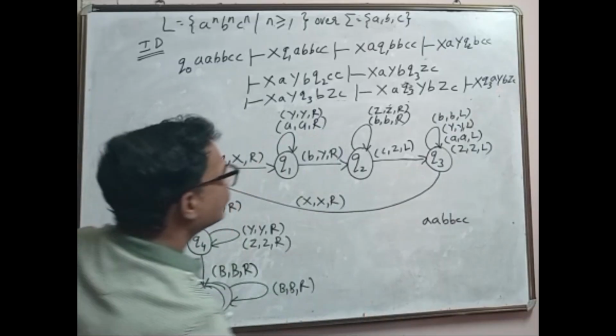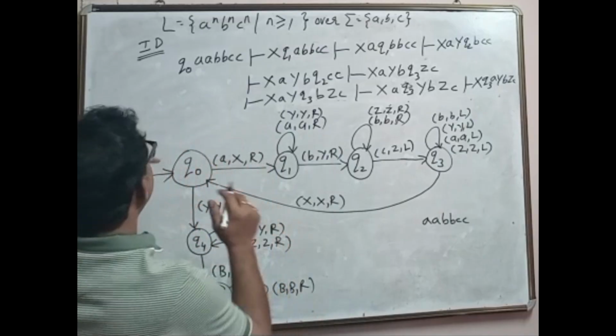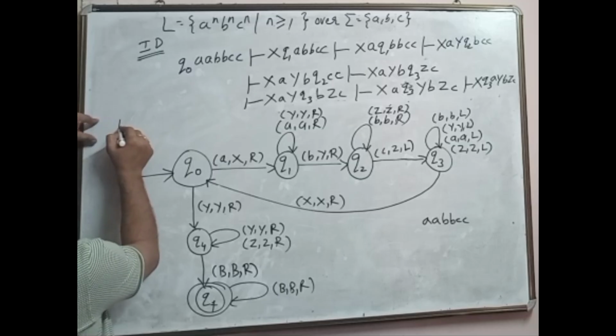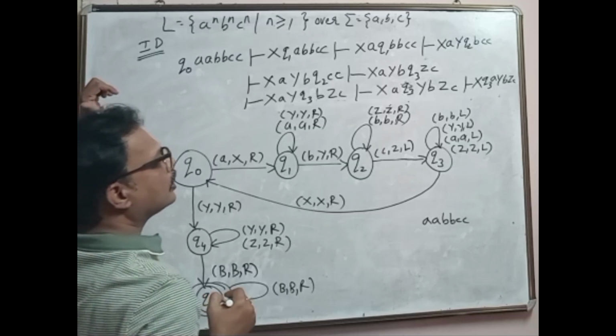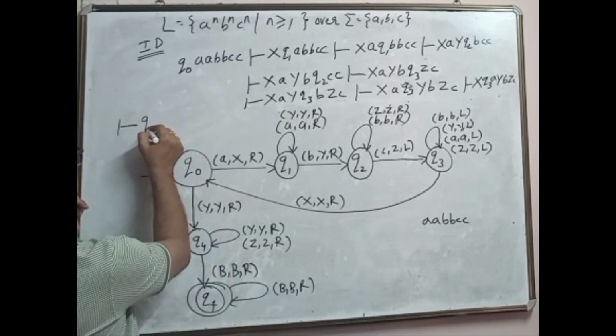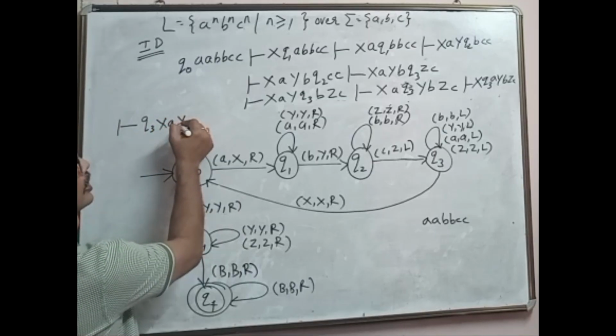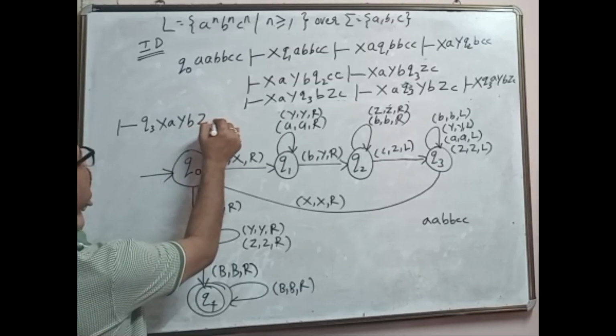Now, after this, I write it here. Okay. It is Q3, X, A, Y, B, Z, C.